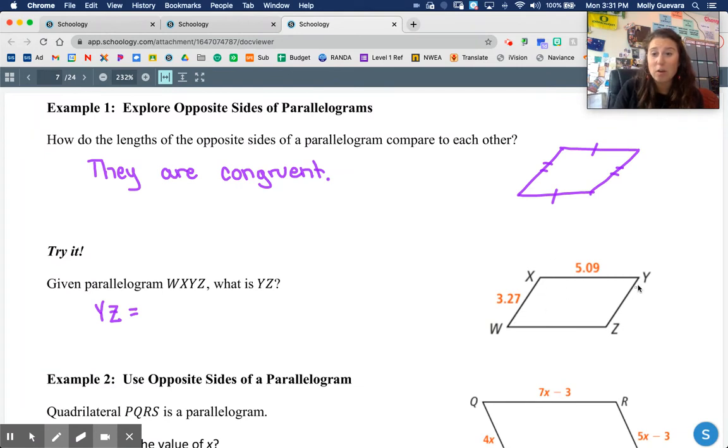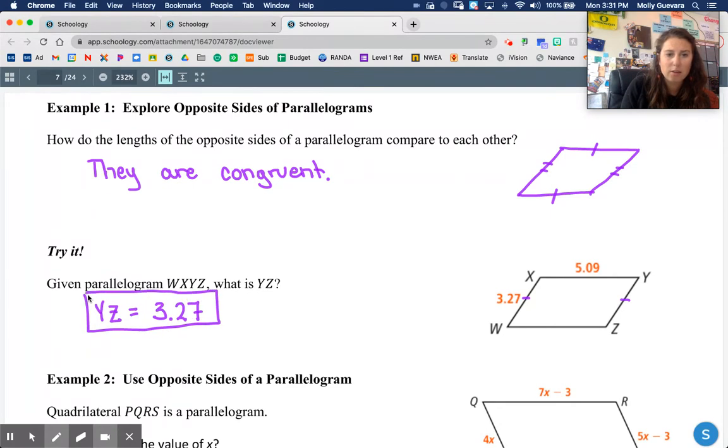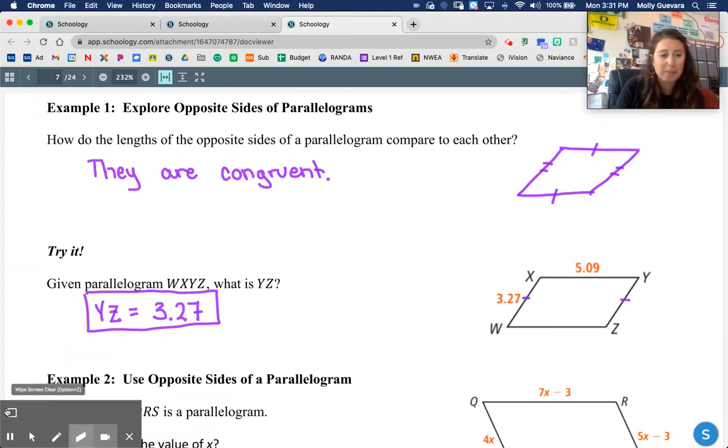YZ is right here. That is opposite of XW. These two sides are going to be the same length. So YZ is going to be 3.27. We don't have the units there, otherwise, of course, we would write them. So just keep in mind that opposite sides are the same.